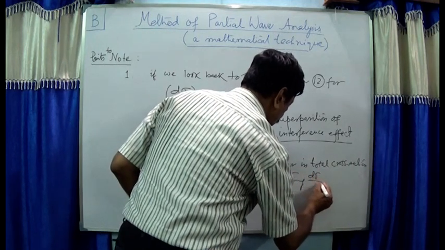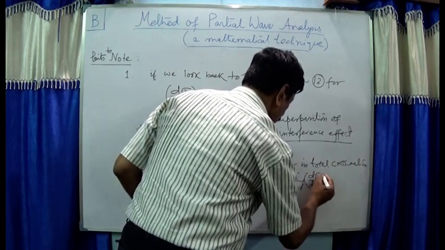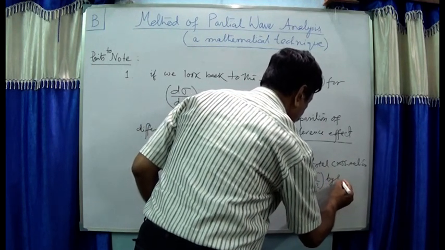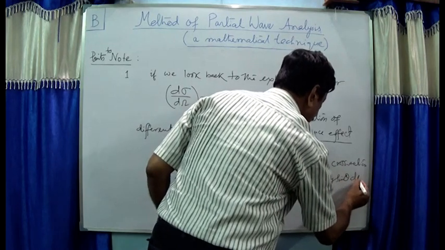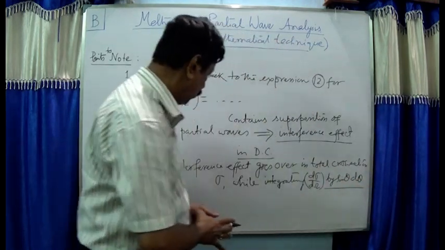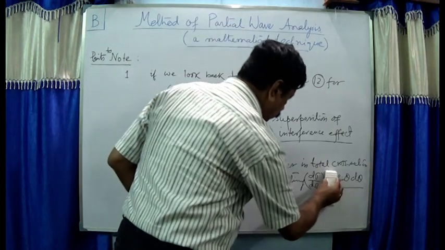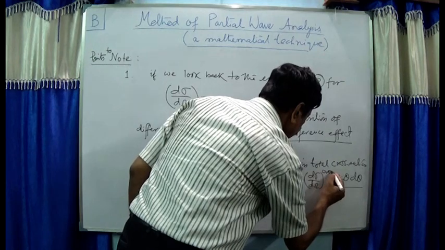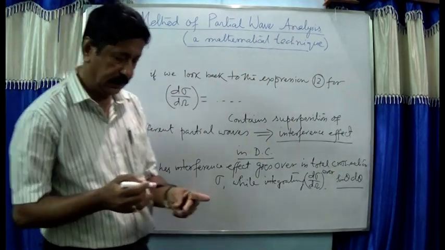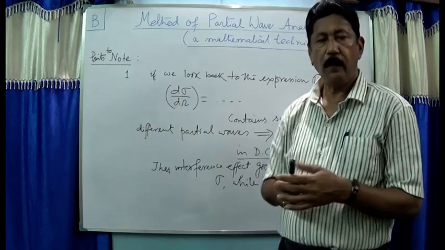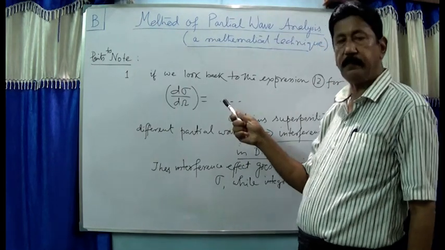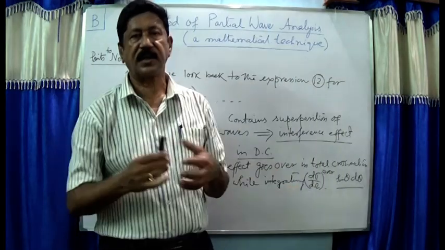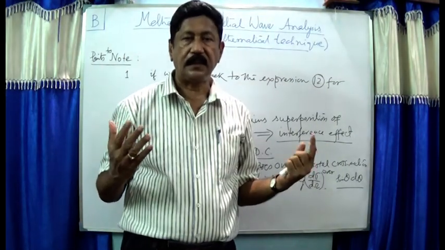So, in the differential cross section, there is some interference effect, but in the total cross section, that interference effect goes away.